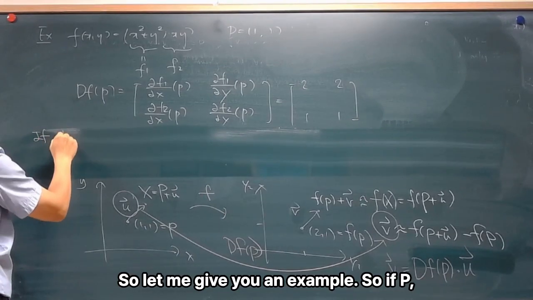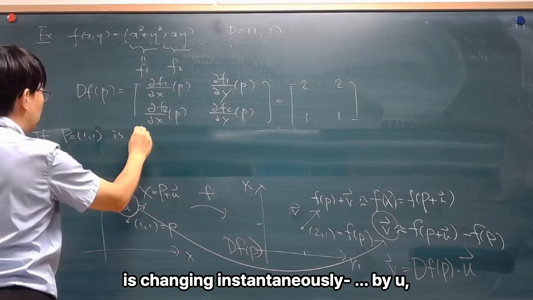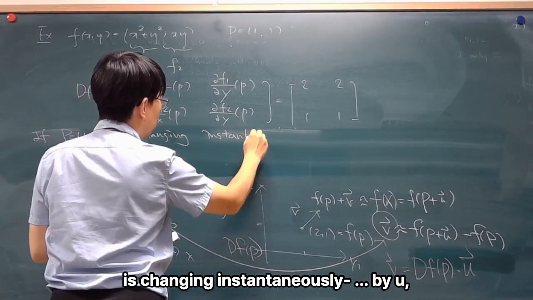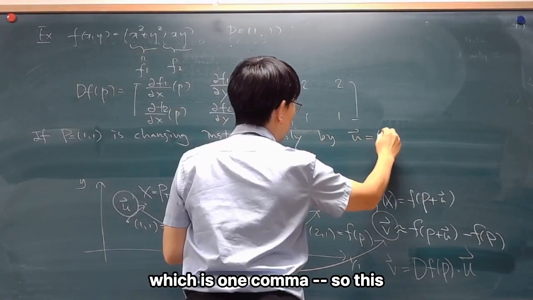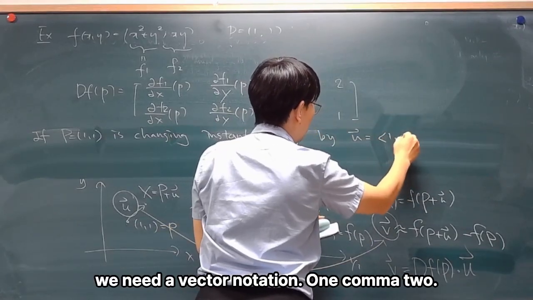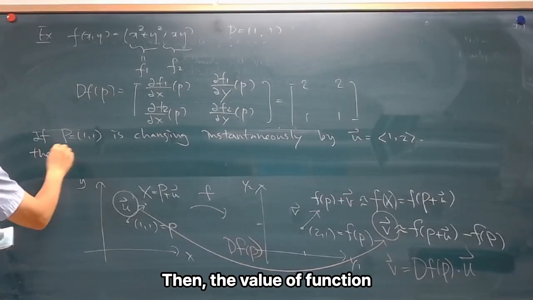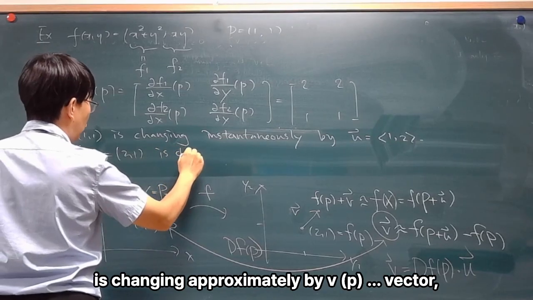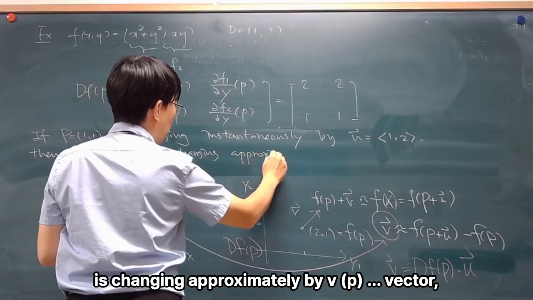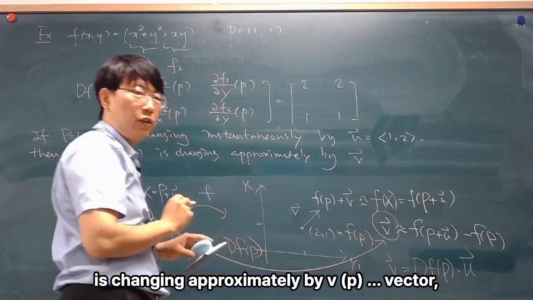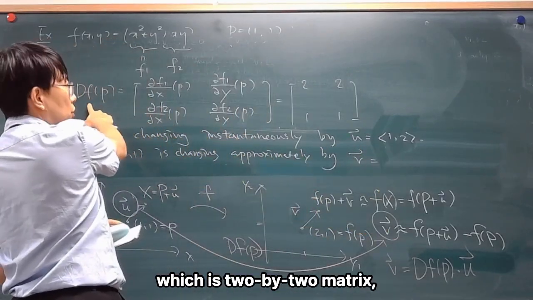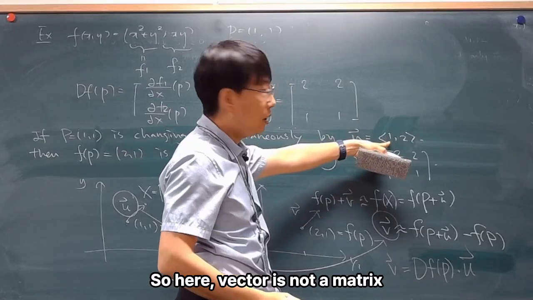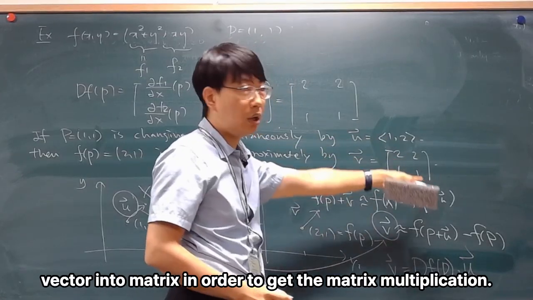If p, which is (1, 1), is changing instantaneously by u, which is (1, 2), a vector, so I need vector notation, then the value of the function, which originally was f(p) = (2, 1), is changing approximately by v, given by the differential, a 2 by 2 matrix, (2, 2; 1, 1), times the u vector. Here the vector is not a matrix, but we have to convert it into a matrix in order to do the matrix multiplication.